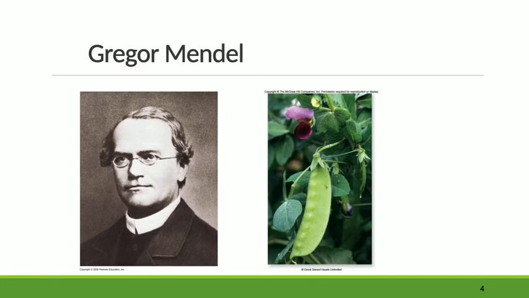Well, he decided to enter the monastery in the local town called Brno in eastern Czechia, Czech Republic. And the reason for that was, as crazy as it sounds now, monasteries were some of the most progressive education institutions of their time.